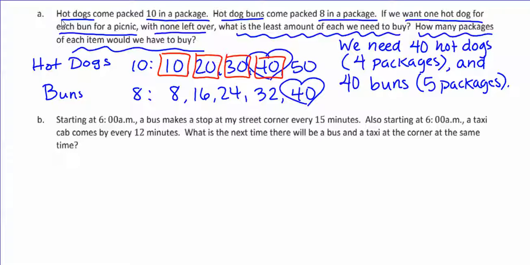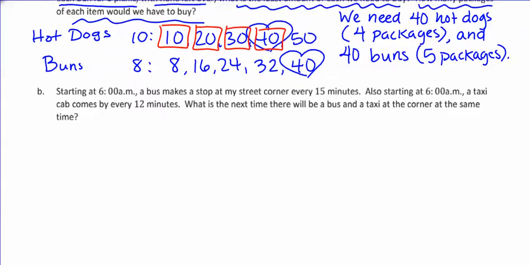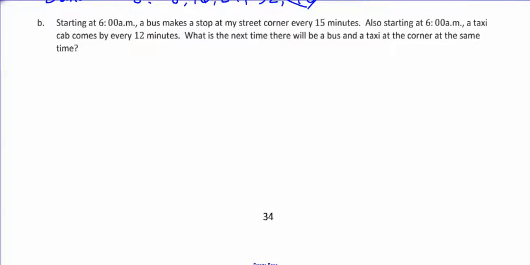Does that make sense? In this case, we're just buying so we don't have any leftover hot dogs or buns. But this next question is a good example of where we would use it in more of a scheduling sense.